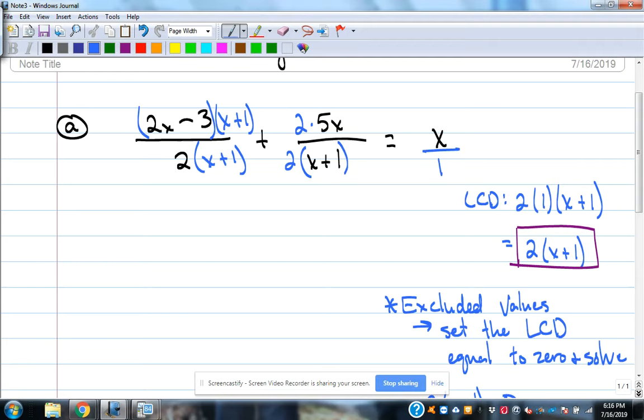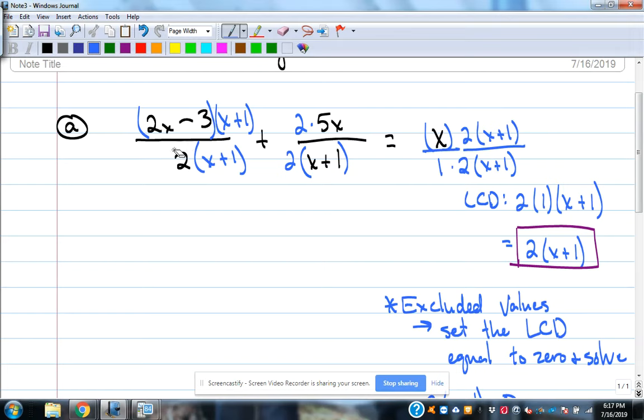Now, if it was just an addition problem, I would do that and work it out. I'm done. But it's an equation. I've got another fraction over here. What does it need in the bottom? It needs the 2, and it needs an x plus 1. The top and bottom get both the 2 and the x plus 1.